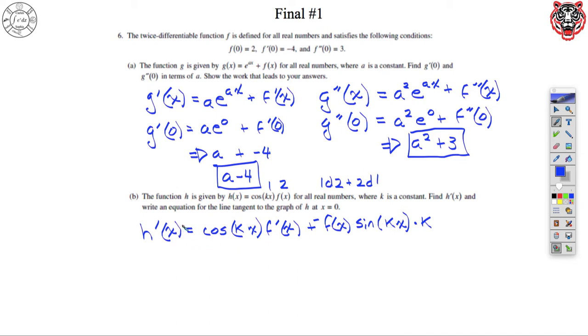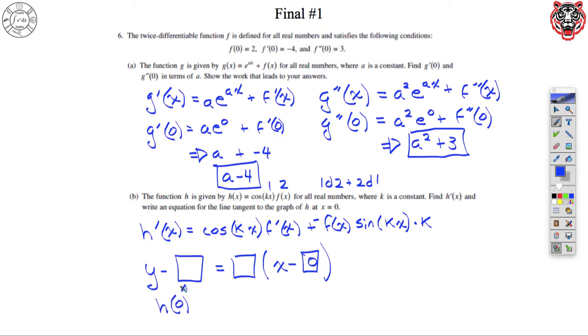And write an equation for the line tangent to the graph of h at x equals 0. Okay, line tangent, that means we're doing y minus the y coordinate is equal to the slope times x minus the x coordinate. The x coordinate, it tells us, is 0. So we can find the y coordinate by plugging 0 into our h function. So what is h of 0?